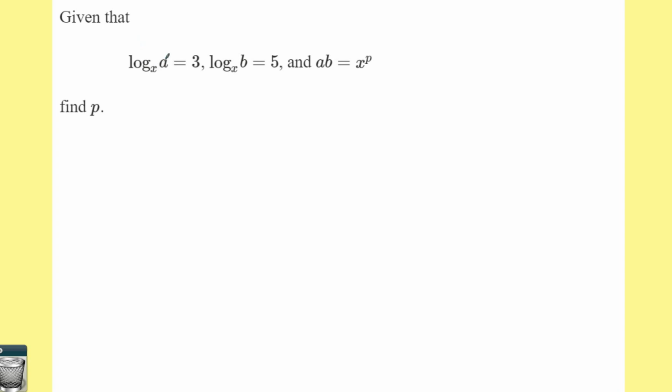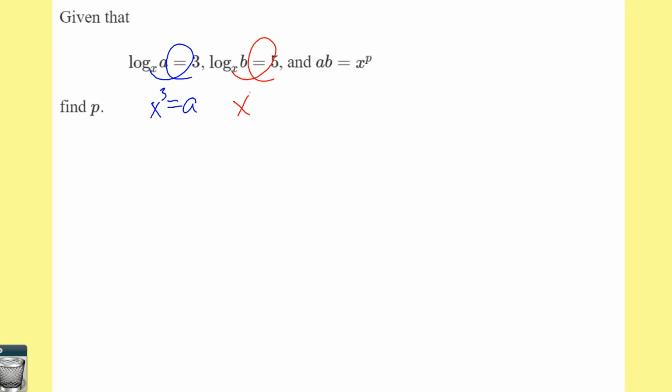So here we have log A and log B, but then it wants us to find AB. Instead of having log A and log B, maybe we should rewrite them as A equals and B equals. So do your little loop-de-loop. We get x to the third equals A. We do our loop-de-loop here.